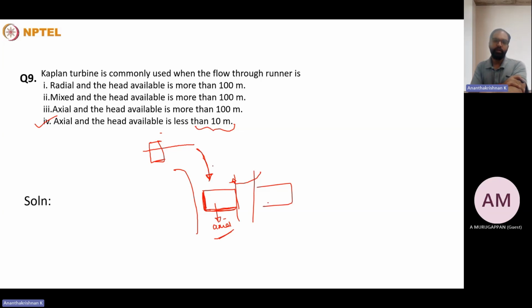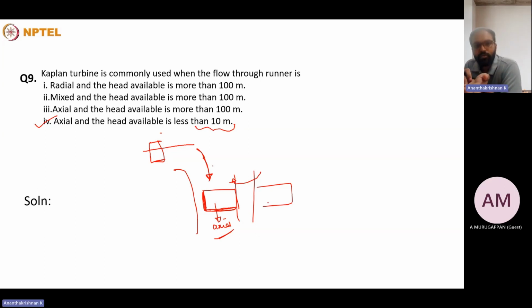Corresponding to a low head, in order to produce the same power compared to the other impulse turbine, we need a higher flow rate, and the higher flow rate can be produced if the radial component at the inlet is close to 0. If the radial component is close to 0, the main component of the absolute velocity will go to the tangential part.